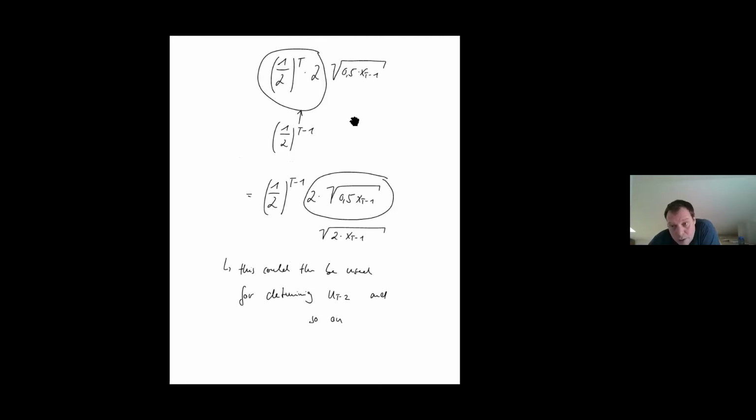So I plugged in the optimum and used the expectation operator. And what we then have is that the value function in capital T minus 1 is just 1/2 to the power of capital T minus 1 times the square root of 2 times x capital T minus 1. So basically, when behaving optimally, this looks super similar to what I have in the last period.